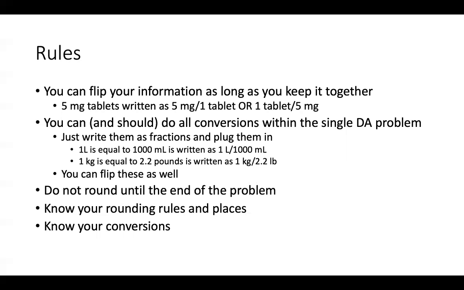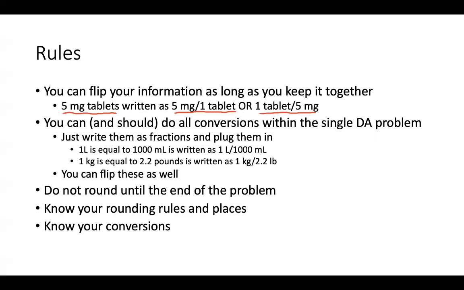So my example here, if in the problem it says that you have 5 milligram tablets, you're going to write that as 5 milligrams over one tablet, or you can flip it and write it as one tablet over 5 milligrams. Okay, you can use it either way. And I know that it's probably not apparent to you right now why you would need to flip it, but it will be. Okay, so just remember that you can.